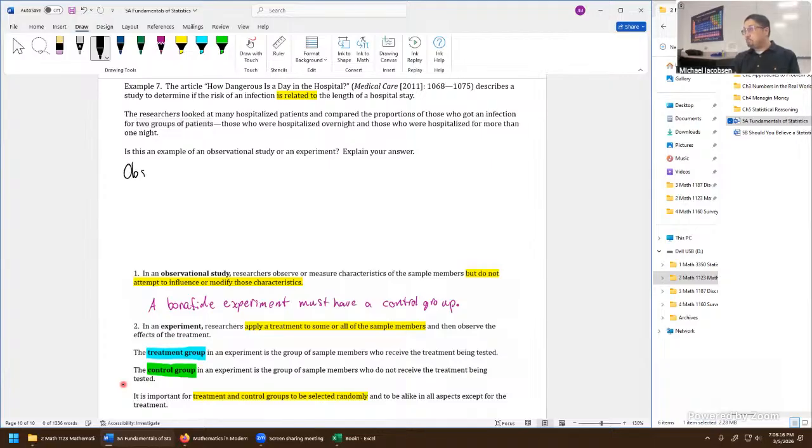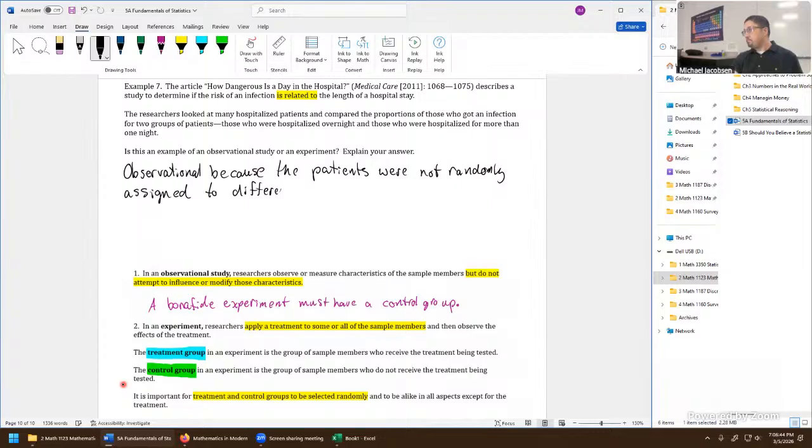We'll say observational because the patients were not randomly assigned to different lengths of stay at the hospital. We just observed the data.